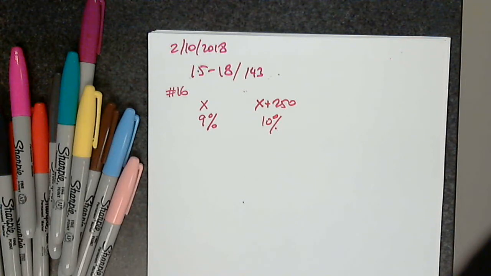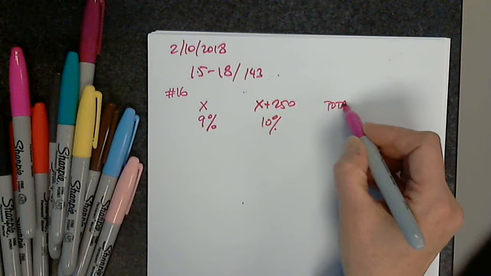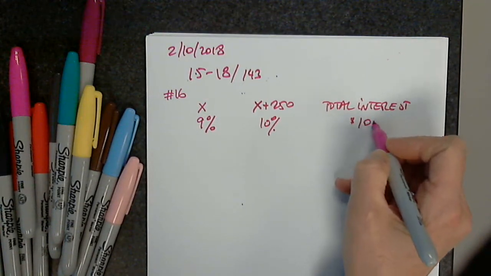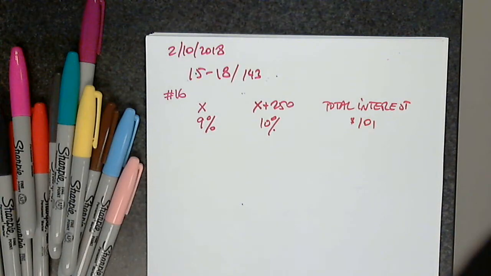If her total yearly interest was $101, how much was invested at each rate? Now I read the problem one more time. I look again at my notes and see if they make sense.